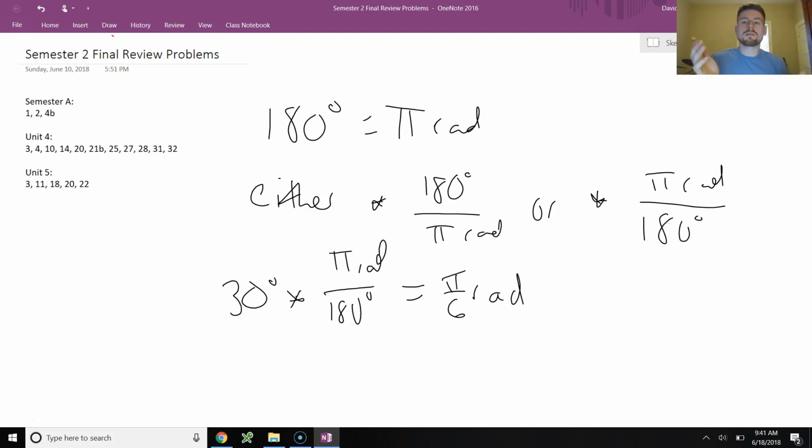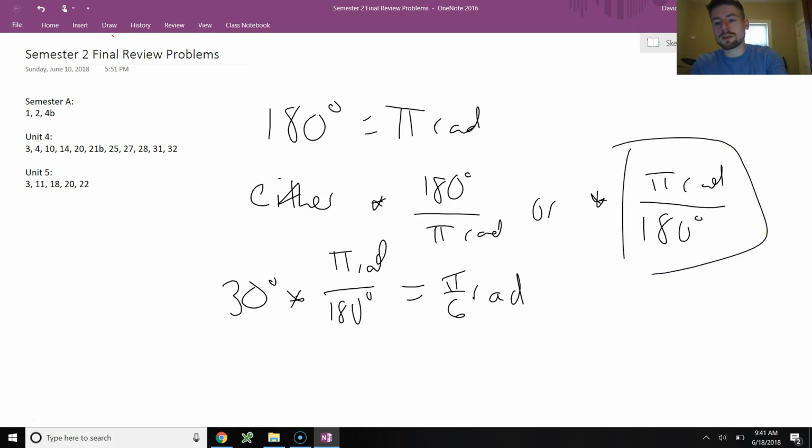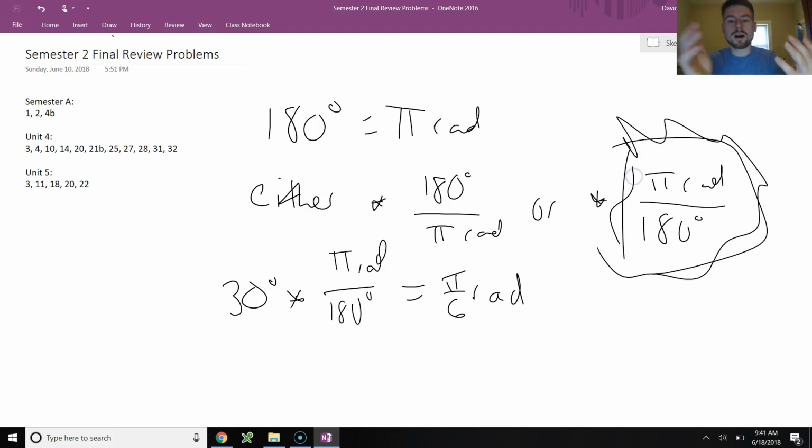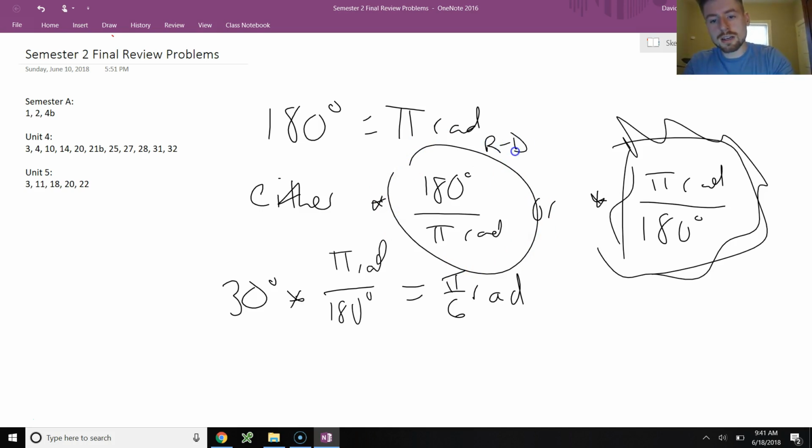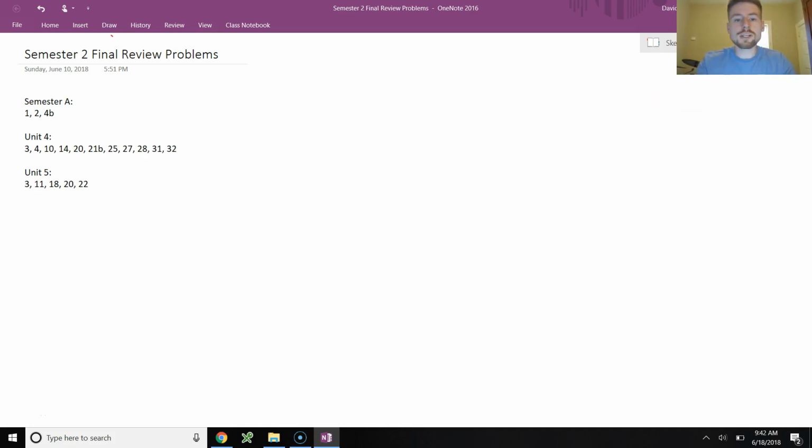If you're going from radians to degrees, you multiply by this factor, and if you're going from degrees to radians, then you multiply by this factor. Easy enough.